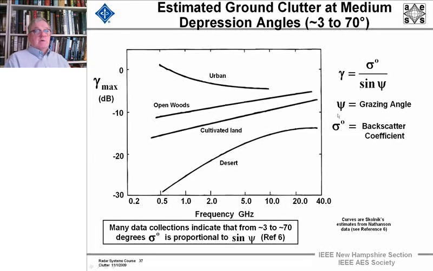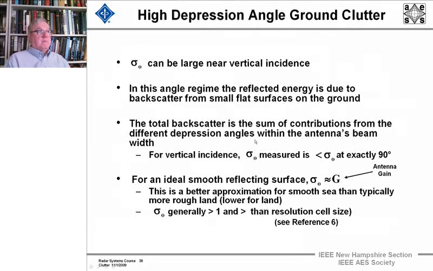Where this is gamma, theta is the grazing angle, and sigma 0 is the backscatter coefficient. For urban areas, open woods, cultivated land, and desert, this gives you good data that you can backtrack into the cross-section. And these curves are Skolnick's estimates from data that Fred Nathanson published in reference 6.